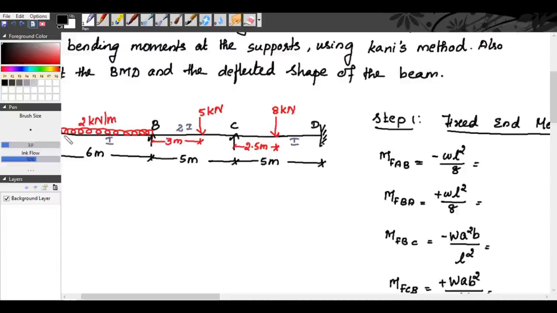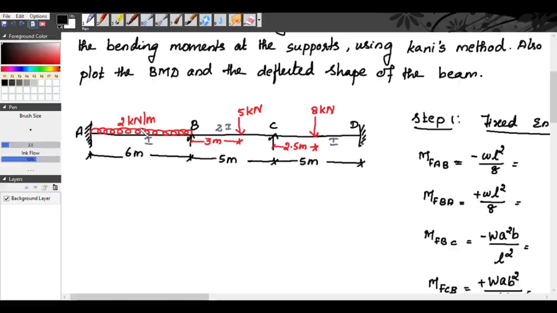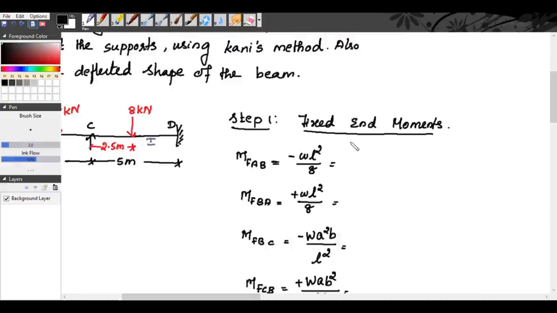Sorry, it is not 8, for UDL it is WL square by 12.